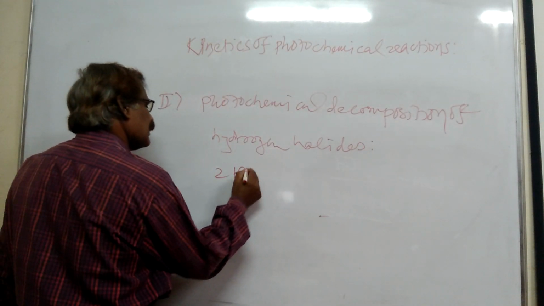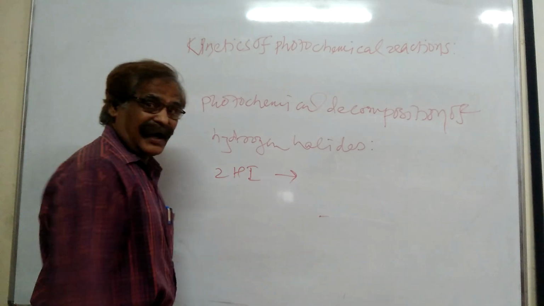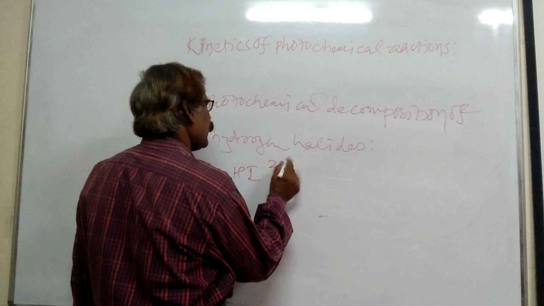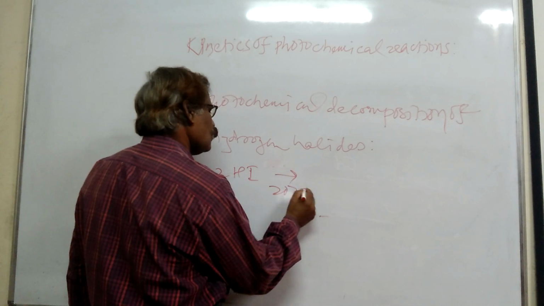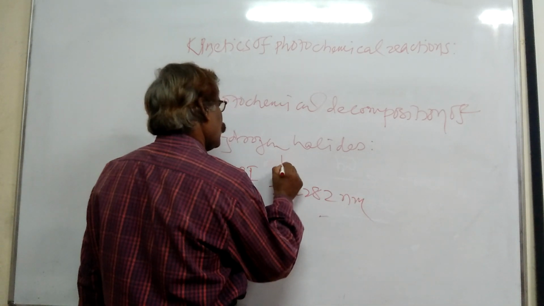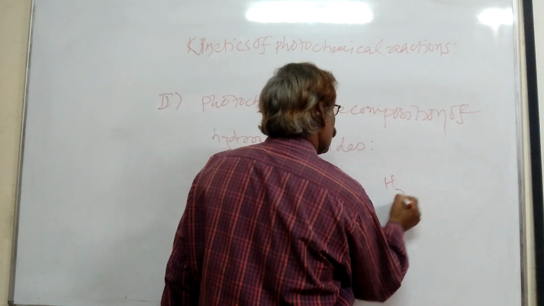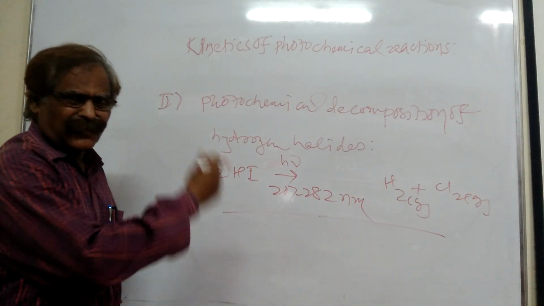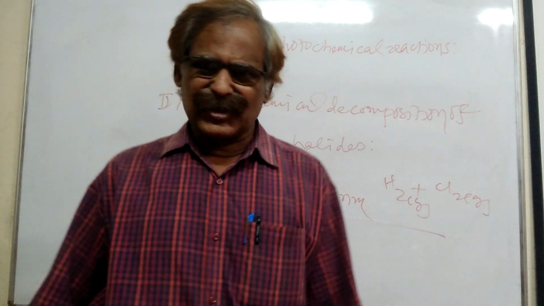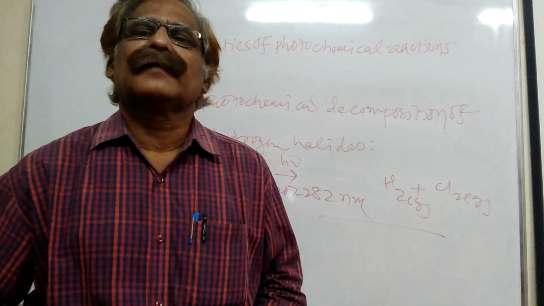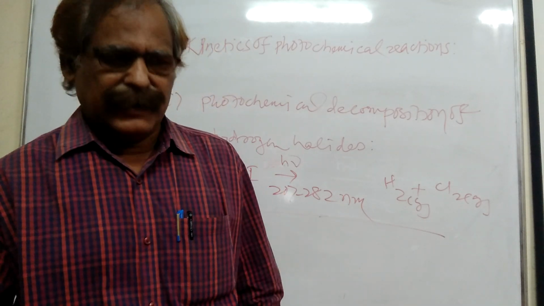When HI, hydrogen iodide, is exposed to 200 to 282 nanometer radiations, it gives H2 gas and Cl2 gas. So this photochemical decomposition reaction is again one of the most important examples of a photochemical reaction.